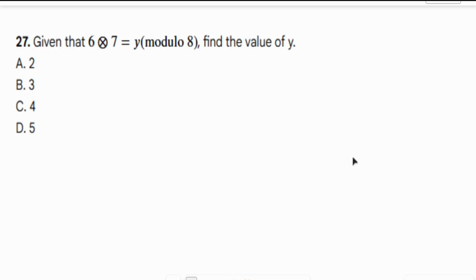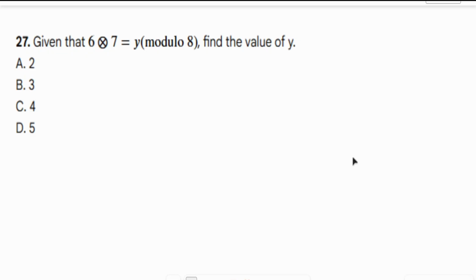Let's go straight to problem 27, which reads that given that 6 times 7 equals y modulo 8, find the value of y. I will start by first saying that modulo is the remainder when you divide a number by another number.